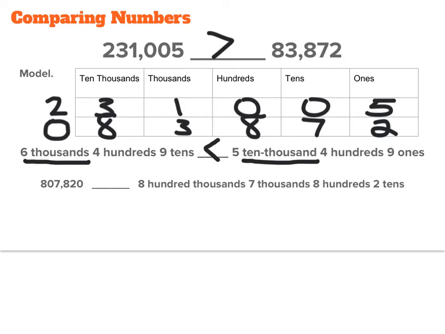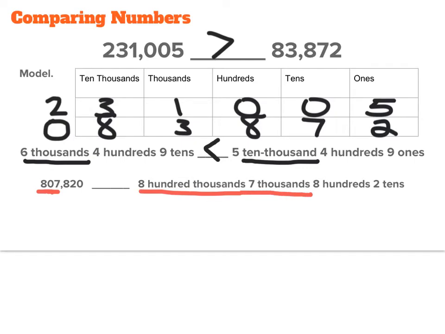In this number, I see the 8 is in the hundred thousands place. This number also has 800 thousands, so I need to move to the next unit, which is 10 thousands place. This number has 0 10 thousands, and when I come over here, 10 thousands aren't mentioned, so it must also have 0 10 thousands. I move to the thousands place, there's 7 thousands.